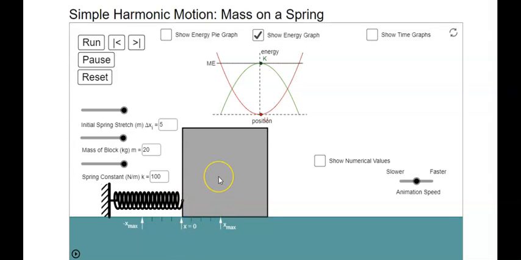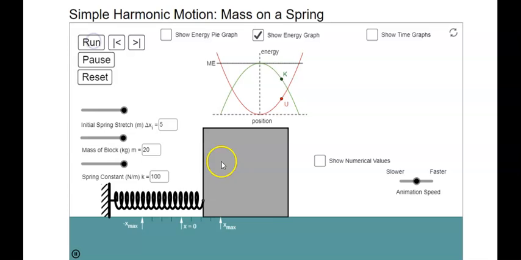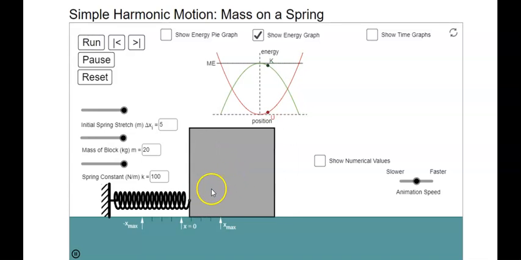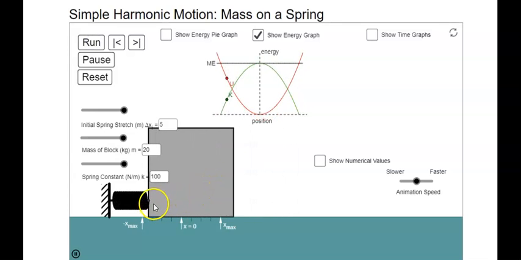But because it has gained velocity and therefore kinetic energy and therefore momentum, it will continue past the initial point on the equilibrium position and will continue to the left side of the equilibrium line. Let's take a look as I run the simulation. Here's the extension, and there's the recoil. And there it goes back and forth.